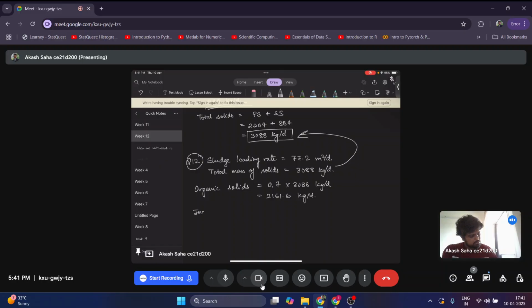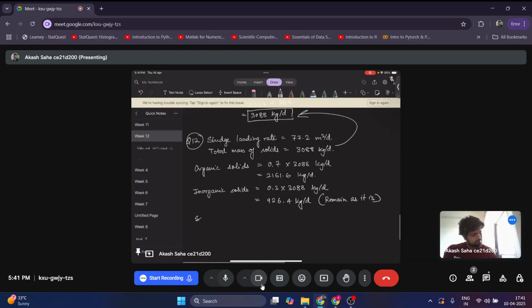And the inorganic solids will be around 0.3 into 3088 kg per day. So that is around 926.4 kg per day. This part will remain as it is. There will be no change in that because these are inorganic solids.